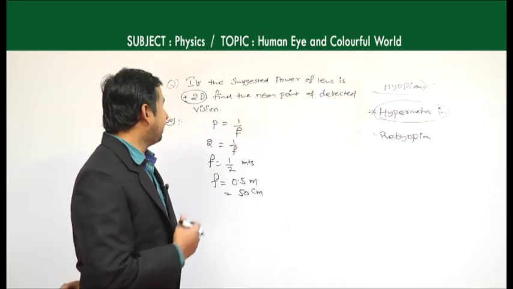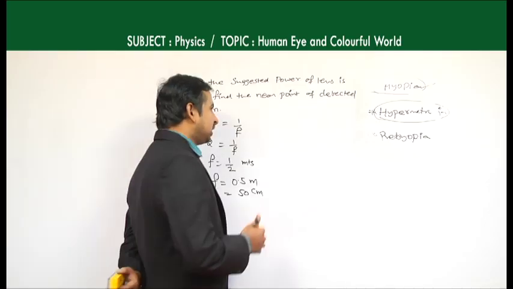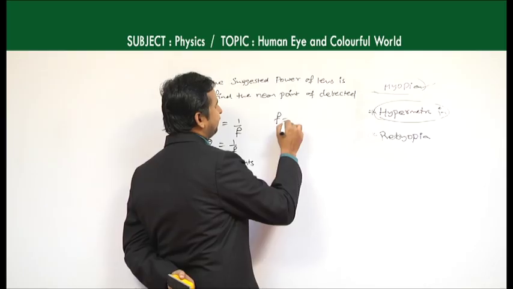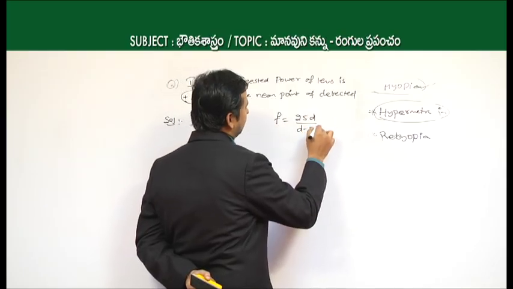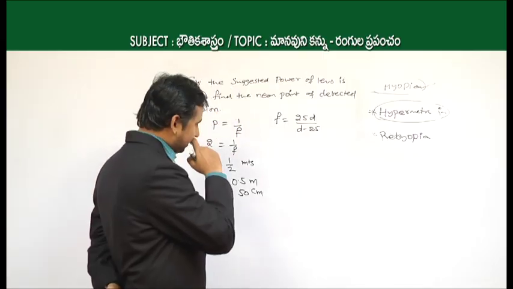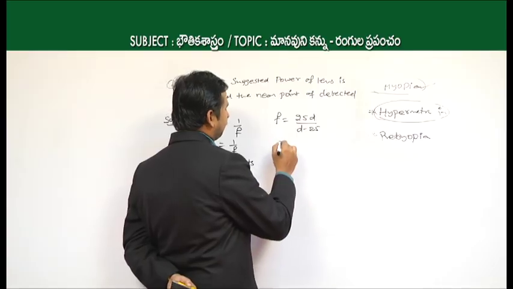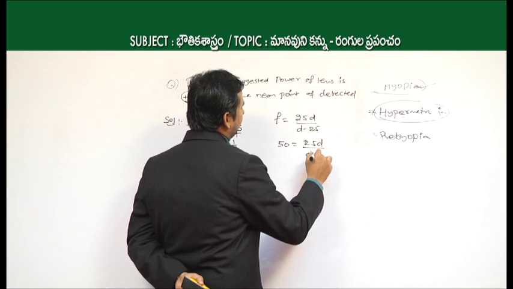Now, what we have to find is the near point, which is the d value. But we know that the suggested focal length f is equal to 25d by d minus 25. From this, as the focal length is 50, we can write f is equal to 50 is equal to 25d by d minus 25.